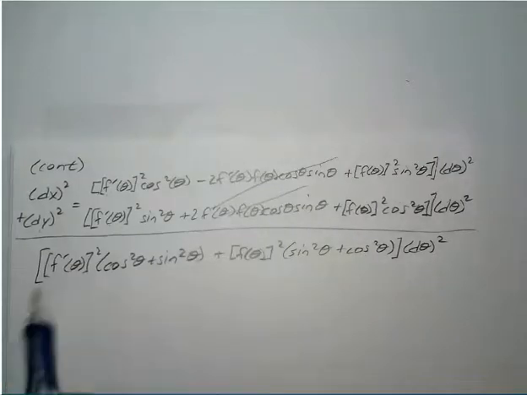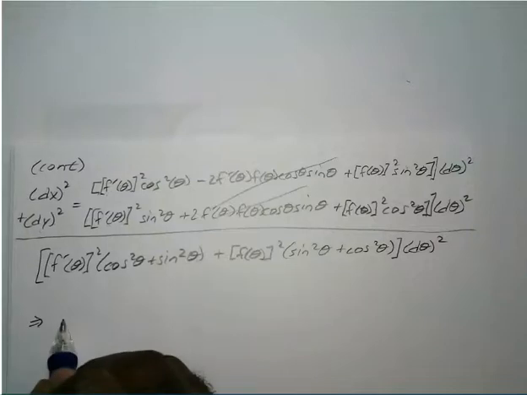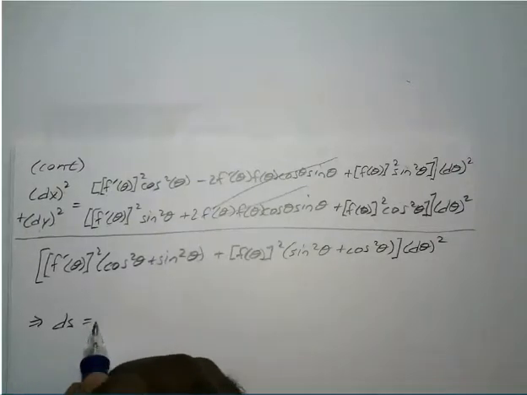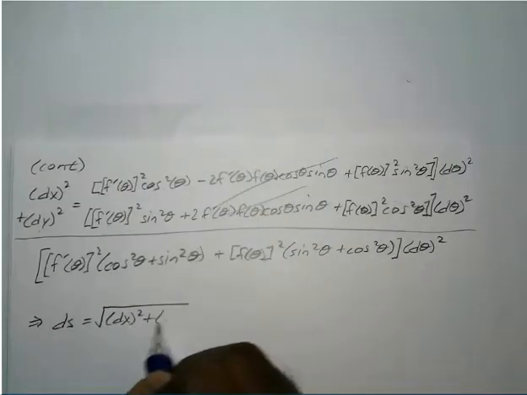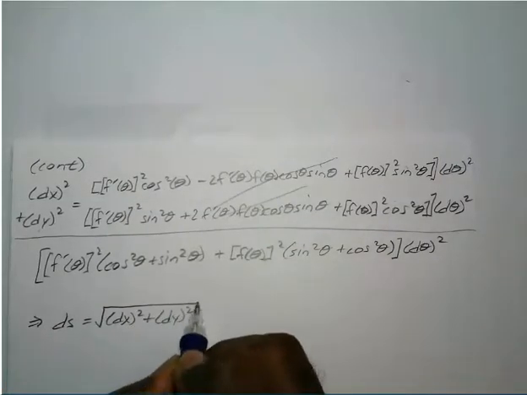Okay. So we remember that ds is equal to the square root of dx squared plus dy squared.